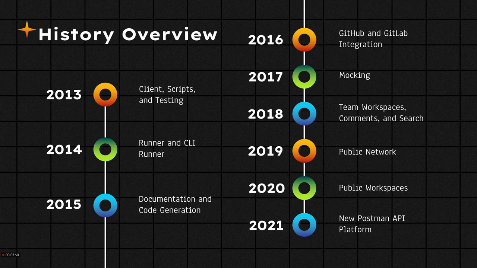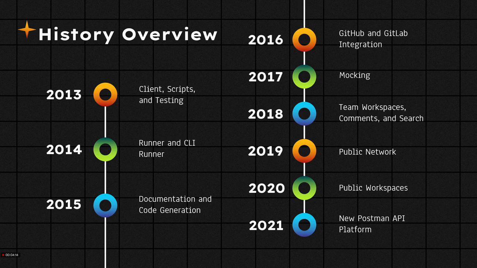In 2017, mocking is an essential part of the API lifecycle as part of testing. So Postman introduced the ability to deploy mock servers as defined by a collection and the examples it contains, providing a simple way to create static mocks of APIs.